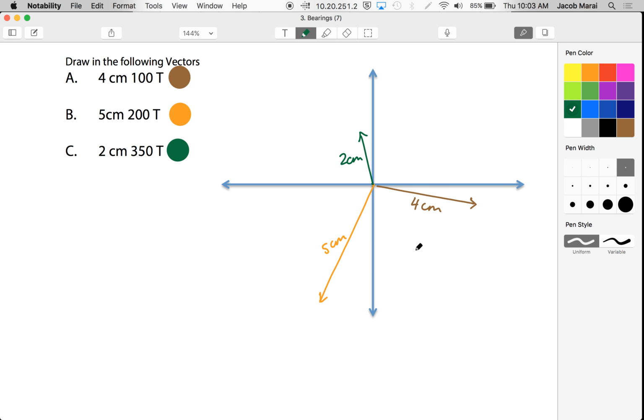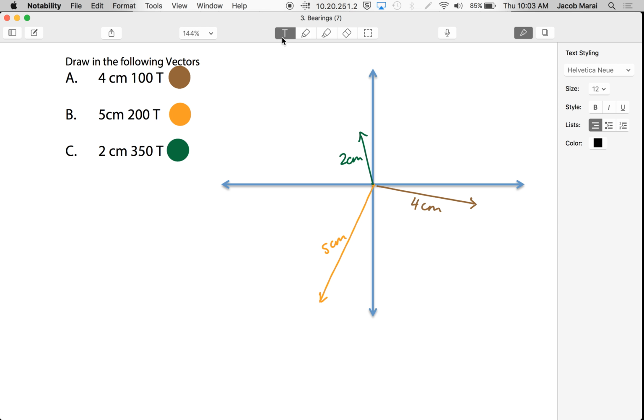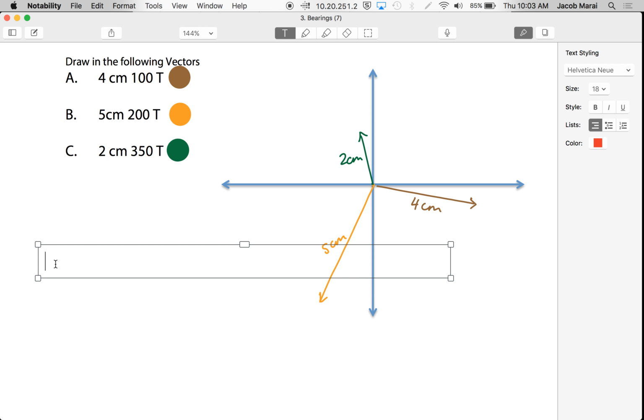Who's drawn all three vectors? Good. Now, what I'd like you to do is write the other type of bearing next to the bearings.